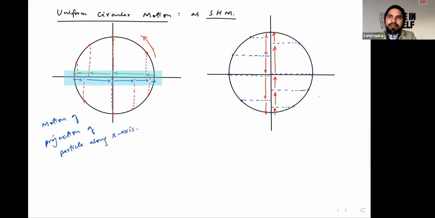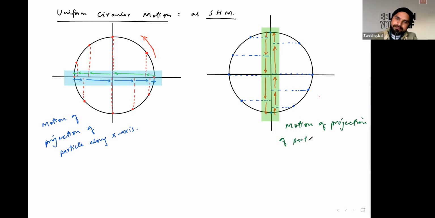So this is nothing but motion of projection of particle along y-axis, and it moves up and down, up and down, up and down about a given fixed position, that is the origin here, which behaves as the mean position. So we can say this is motion of projection of particle along y-axis.